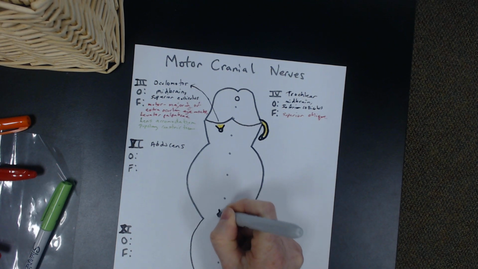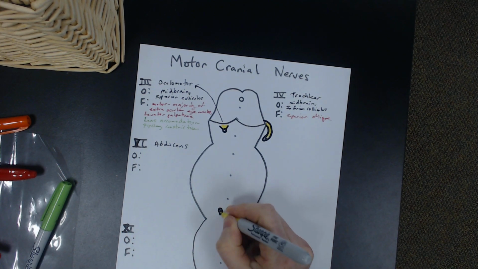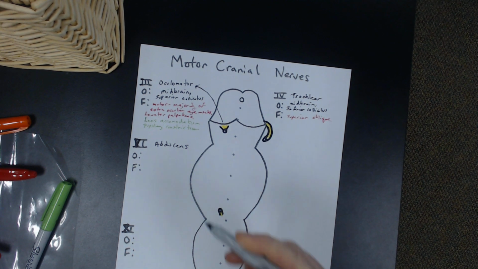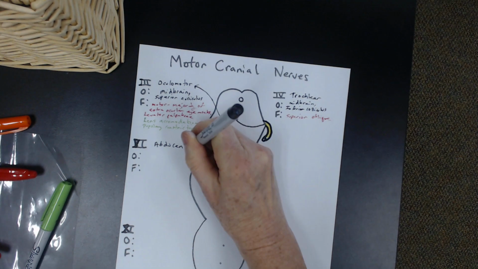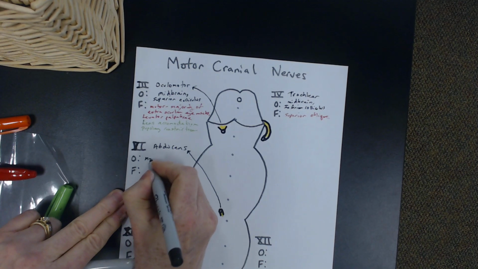So here's cranial nerve number 6. So the origin is going to be medial pons.